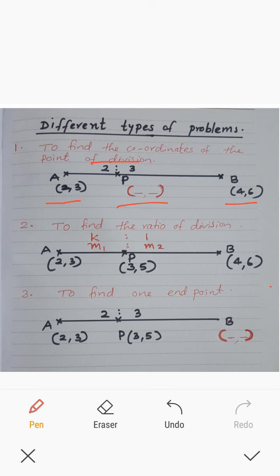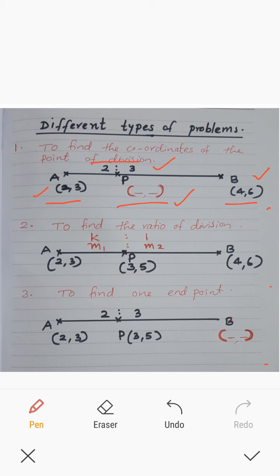Which are the 4 measures mentioned? Two are the coordinates of the endpoints of the line segment, coordinates of A and coordinates of B. The second is the ratio of division, and the third is the coordinates of the point of division. Among these measures, if we want to find one, we must be given the other 3.